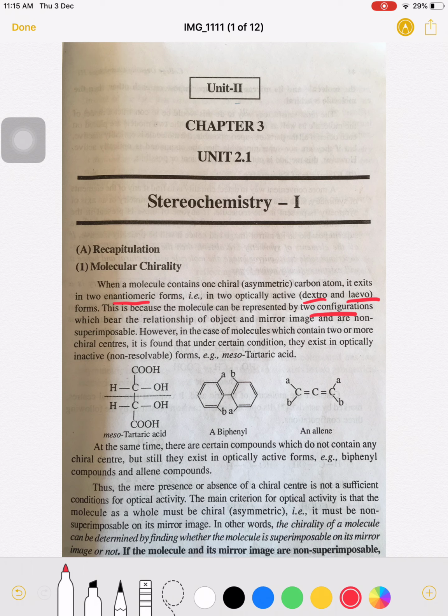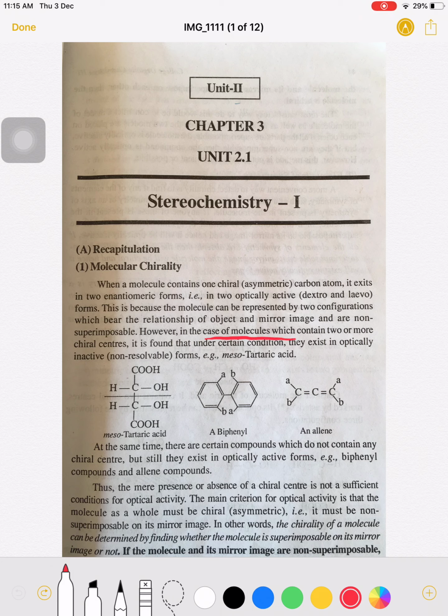If we take the mirror image of this molecule, the other molecule is different from the first one, or it is non-superimposable with the first. Therefore the molecule has two isomers and it is optically active, and the relation between these two isomers is enantiomer.